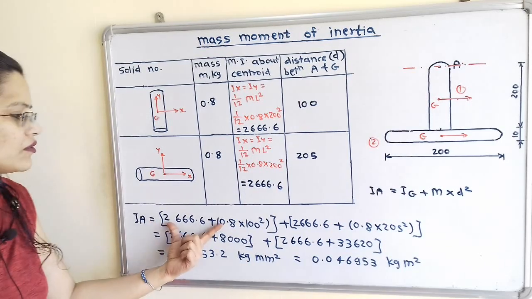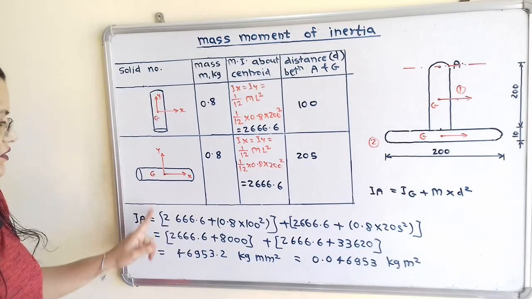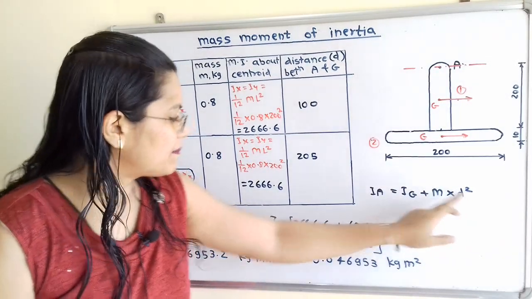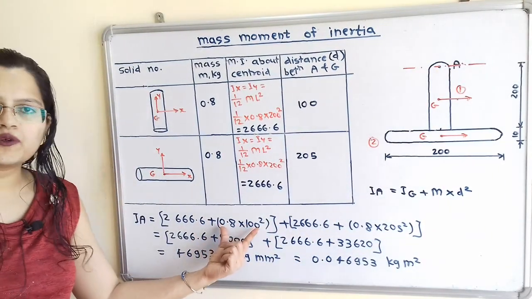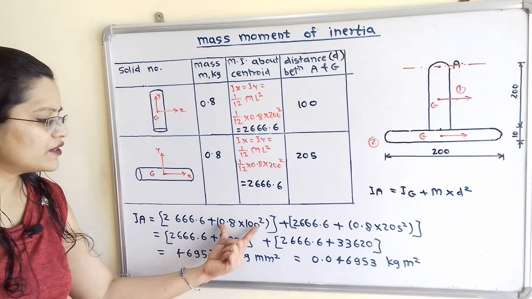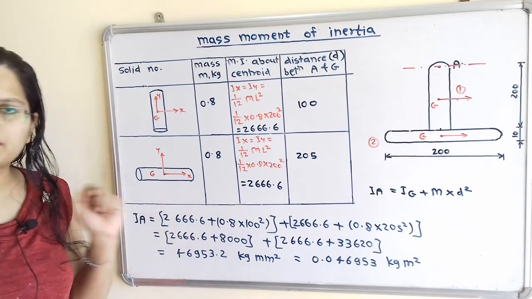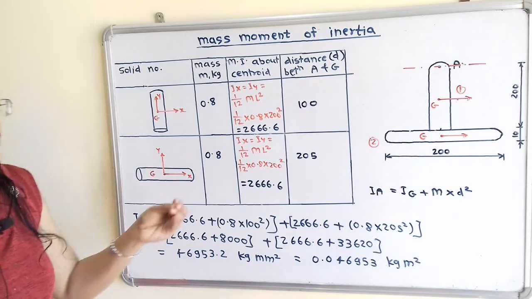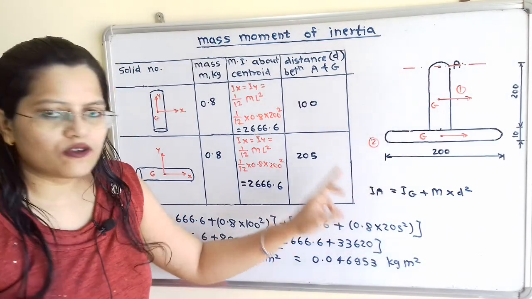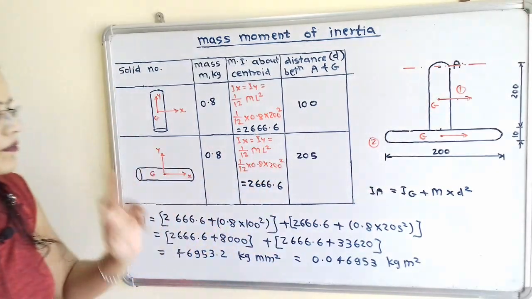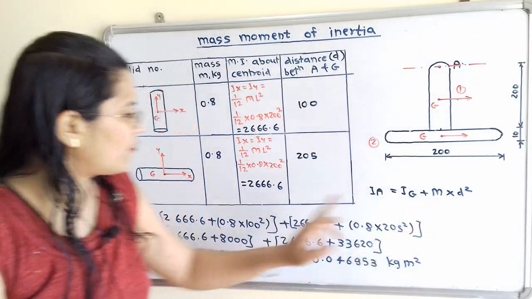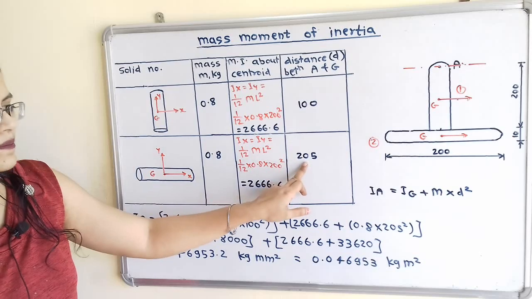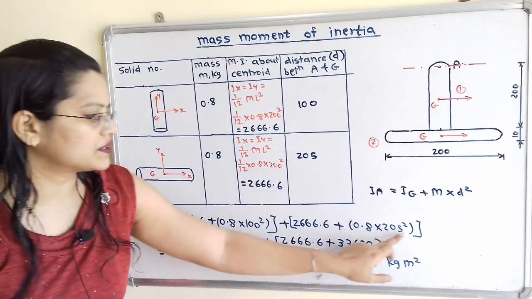We write this in the first square bracket, with m d square in a curly bracket, and calculate it. Plus we add the second value of Ia for shape number 2 using the same formula, Ig plus mass multiplied by the distance square.